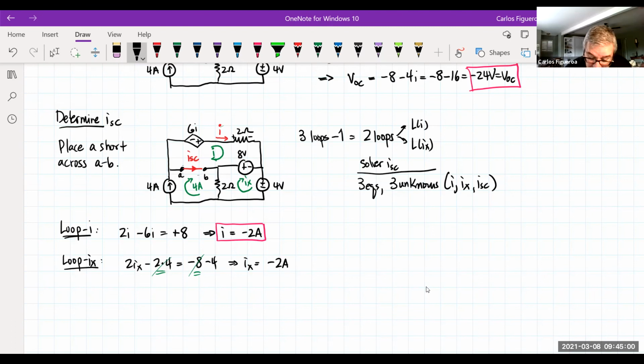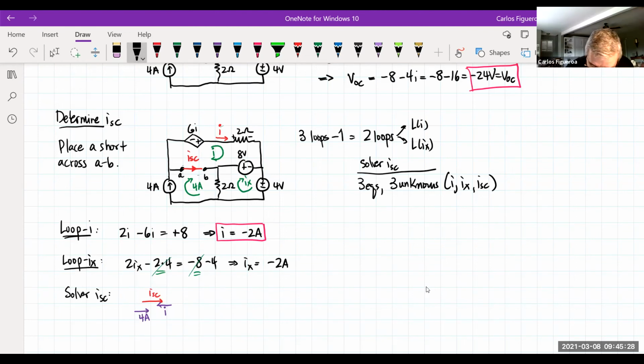I really need I short circuit. So if I go look at my solver, I have I short circuit. What I'm seeing here is that I short circuit should be what? Well, you could see here that I short circuit is going this way, I goes this way, and then 4 amps goes that way.